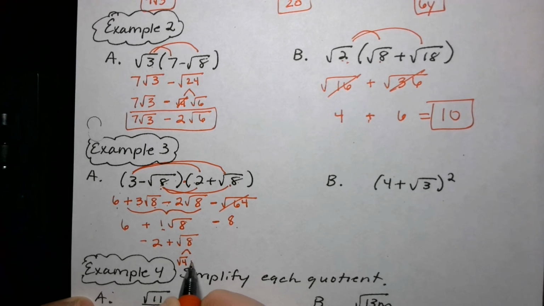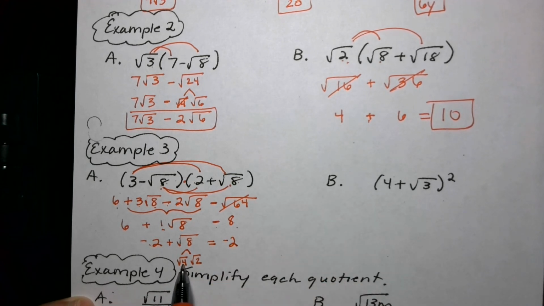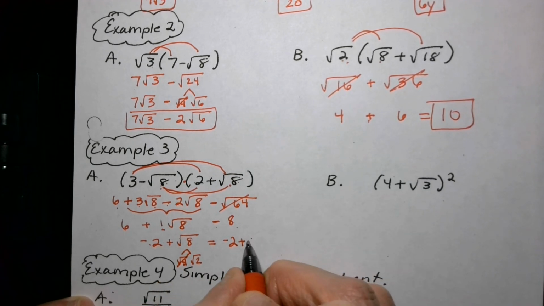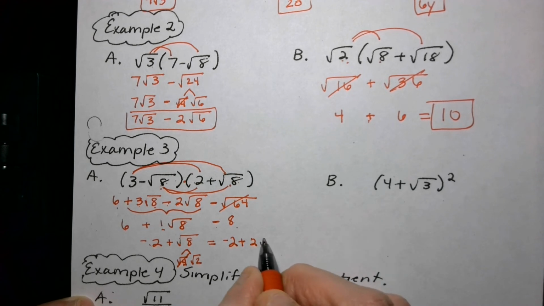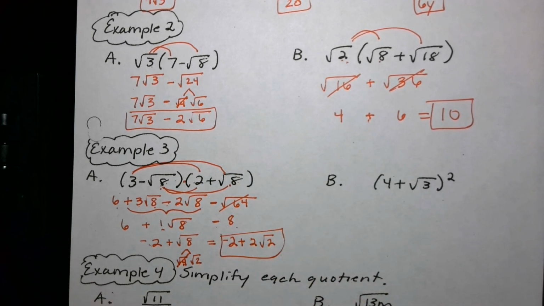Square root of 4 times square root of 2. I'm going to have to go over here. Got the negative 2 out front. And then the square root of 4. It's a plus, so I put a plus. 2 root 2. Woofda. We're there.